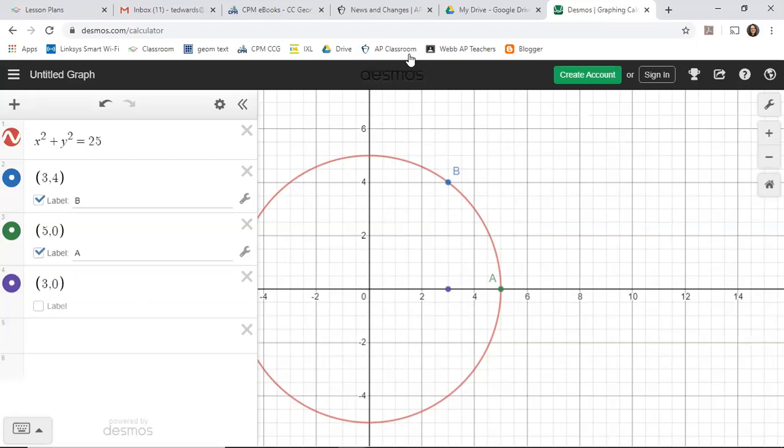So let me go back to our whiteboard. We've got a triangle. It starts at the origin. It goes over 3 and up 4. And we want to know, what's this angle right here?